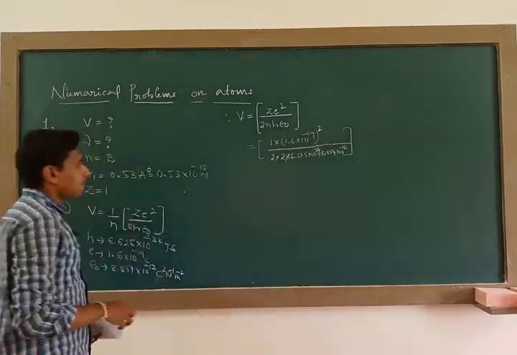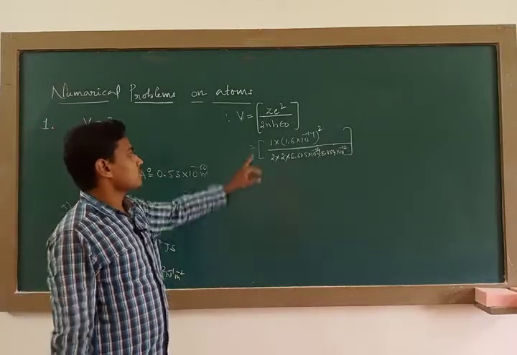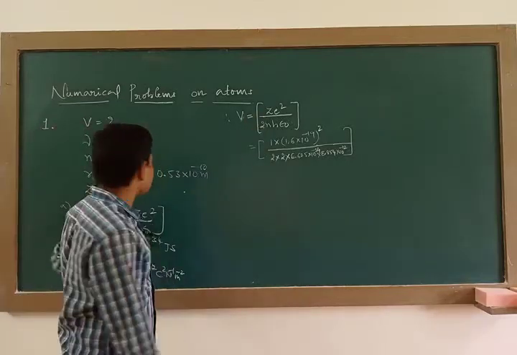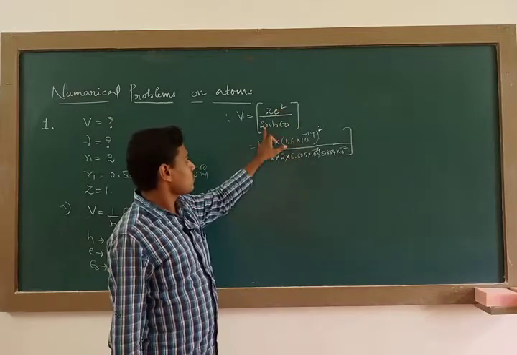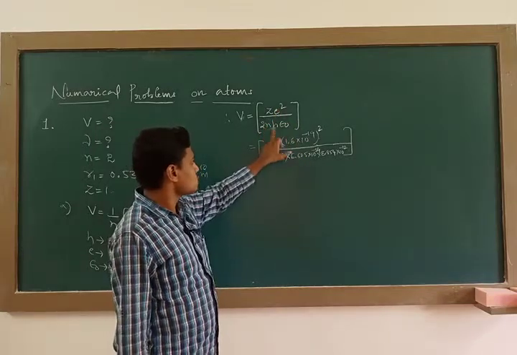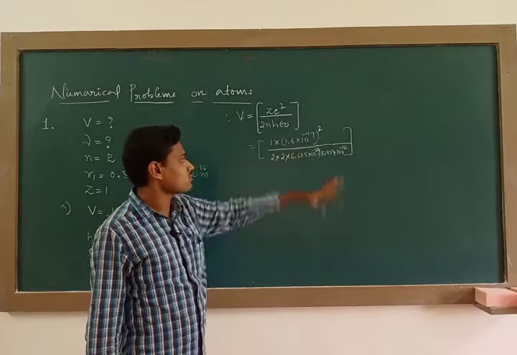So for the hydrogen atom, e is the charge of the electron, n is the orbit number 2, that is 2 h epsilon naught.